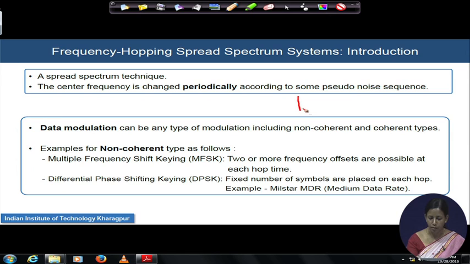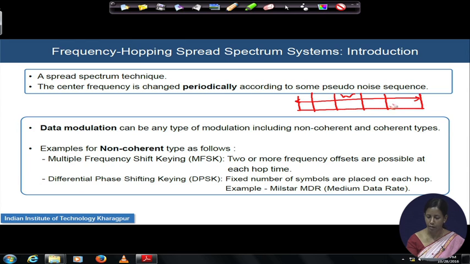Suppose we have a wide band of channel available, which is equivalent to the signal bandwidth available for the transmission. Given this wide bandwidth of say W, we will divide this available bandwidth into several channels.